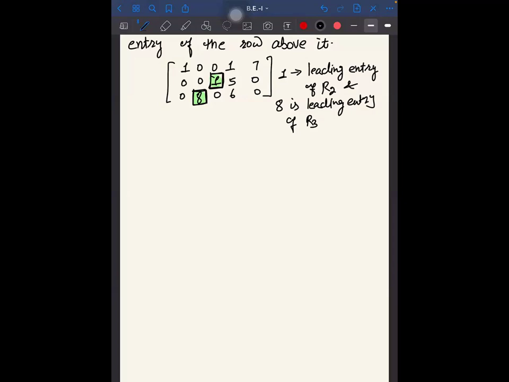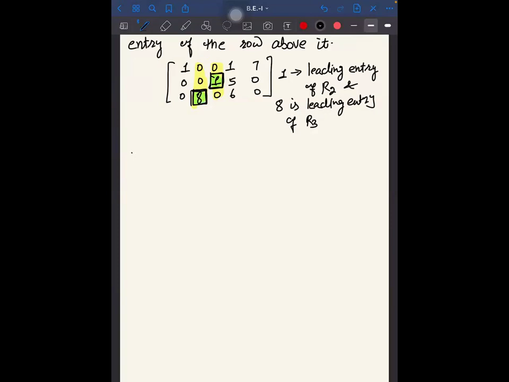So होना क्या चाहिए? होना ये चाहिए that 8 should be on the right of the above row's leading entry. क्या ये right में है? इस column को देखो, column wise, right? If you go through this column and this column, is 8 on the right of the 1 or the left of the 1? Left.